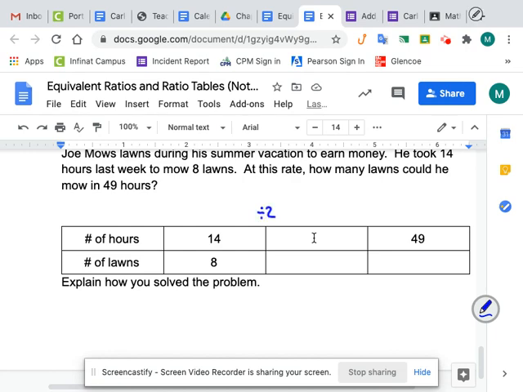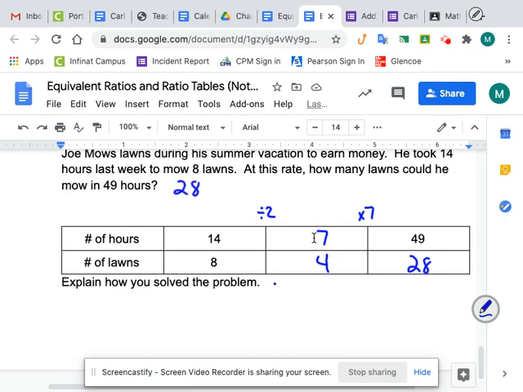And 2 is going to be the number I have to use. So this is going to be 7, and then I would get a 4 on the bottom. Now I can see that 7 times 7 is 49, so 4 times 7 is 28. How many lawns could he mow in 49 hours? The answer is 28.